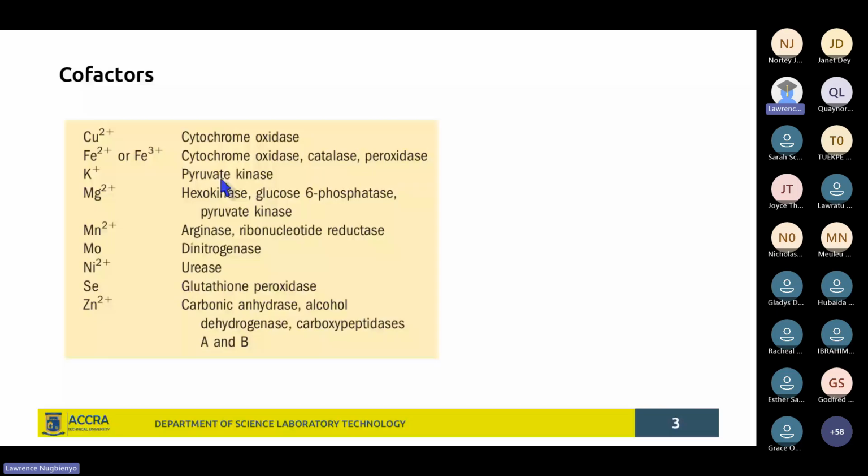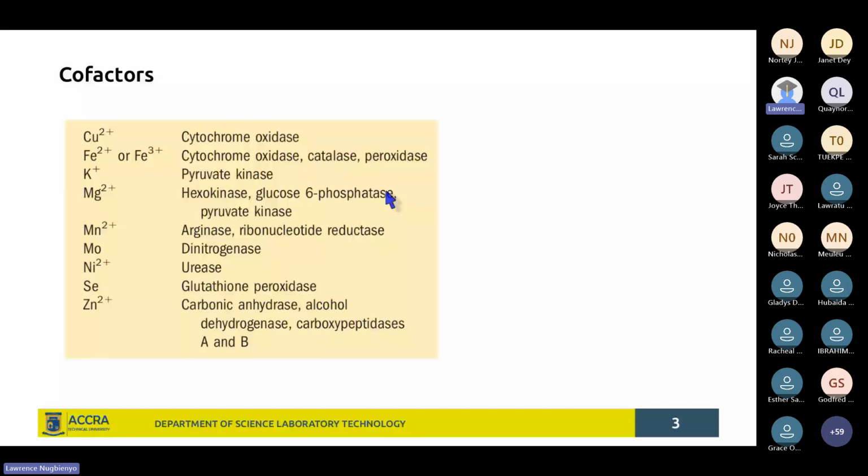Before that, pyruvate undergoes the process of decarboxylation and goes into the Krebs cycle. Magnesium ions also are cofactors to hexokinase. I think we also saw hexokinase the last time, and glucose 6-phosphatase.